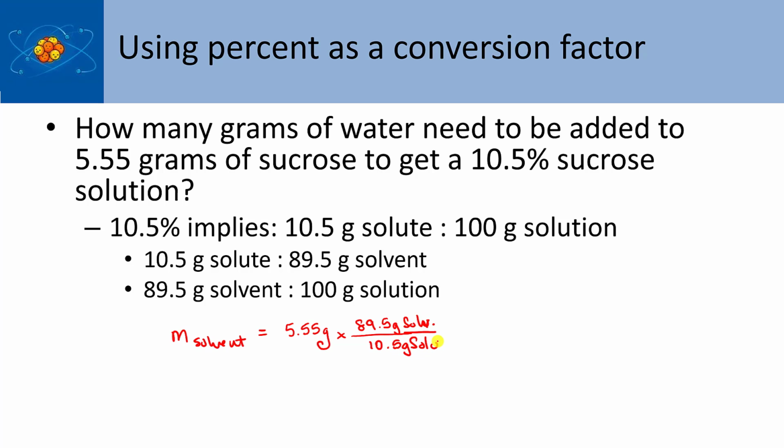So then I can get these units to cancel, and this will tell me the grams of solvent that I need, and I end up getting 47.31 grams of solvent.